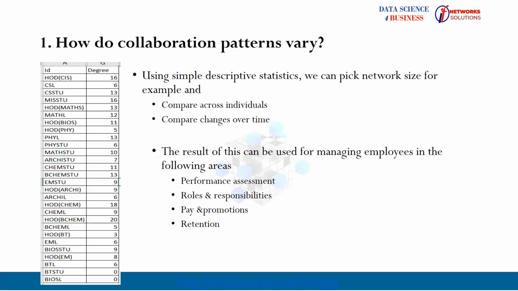Based on this network size, you might want to compare across different individuals, and also compare it over time, so that you are able to see what is happening with this particular individual's degree over time, and so on. And I will tell you the implication of that later.